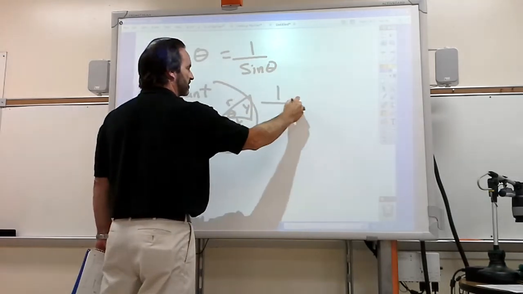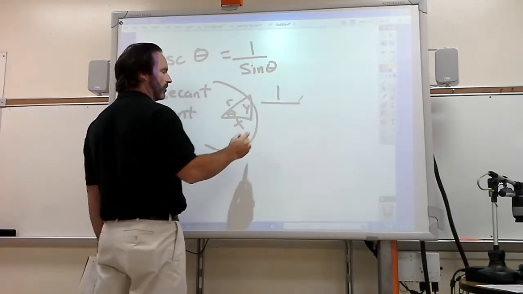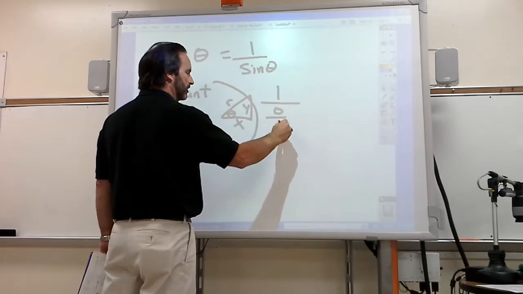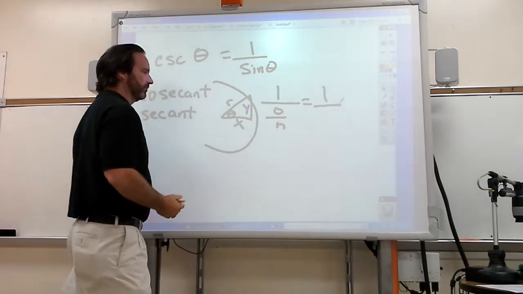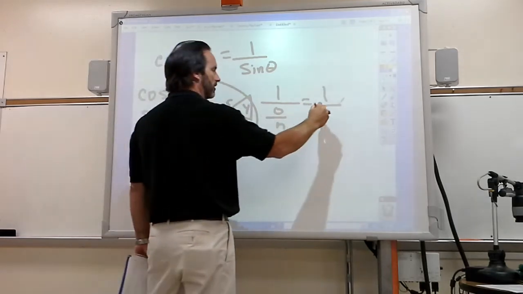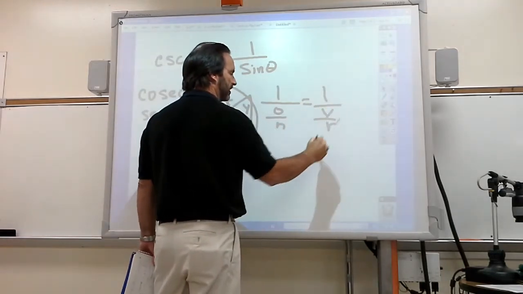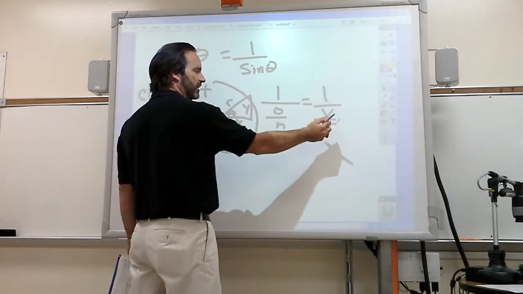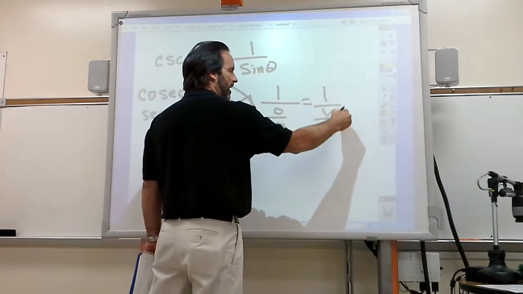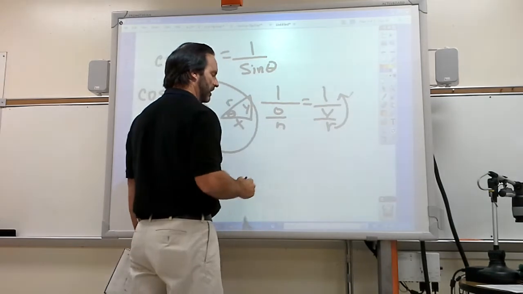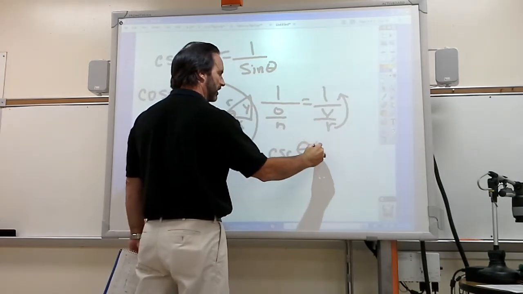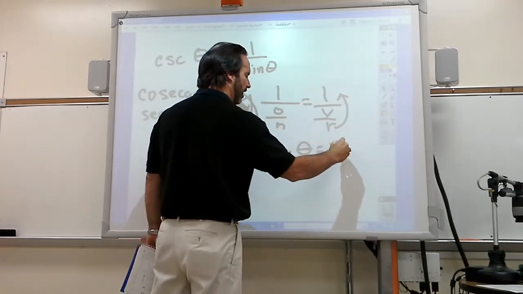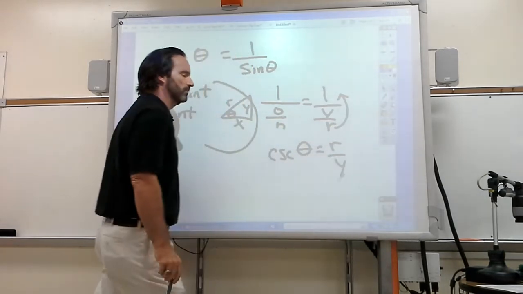So 1 over sine theta is really what? 1 over opposite over hypotenuse, which equals 1 over y over r. And what happens when we divide 1 by this? The r, the denominator, comes up top. Okay? So cosecant of theta equals r over y.